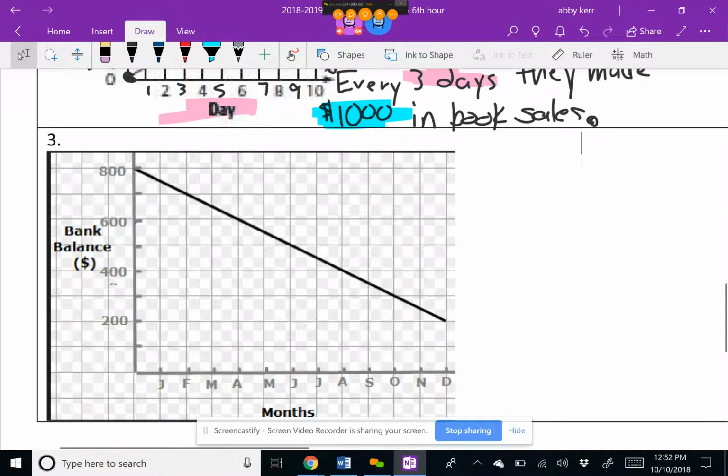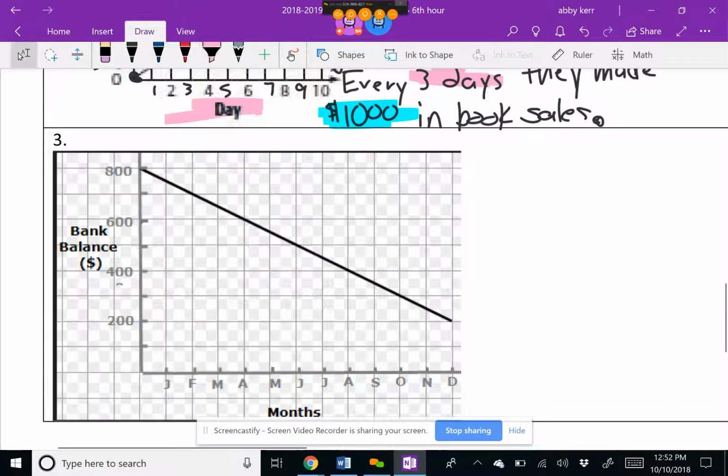Now the last graph is slightly different. Some students noticed that it was a negative slope. It was going downward, which is fine. Some students noticed that the bottom axis were letters, not numbers. But if you look, we're talking about months.